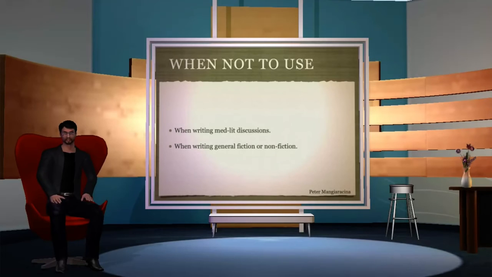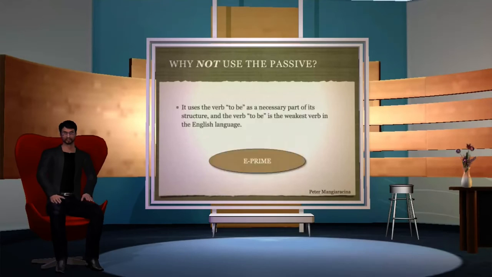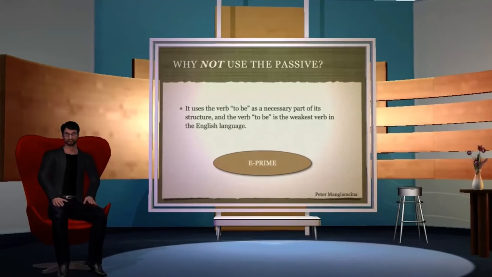Do not use the passive in fiction or nonfiction writing. In fact, if you keep the grammar checker on when you write in Microsoft Word, all kinds of alarms go off when you write a passive sentence. The reason for this is that passive sentences use the verb to be. It's the weakest verb in the English language because it expresses only that something exists.